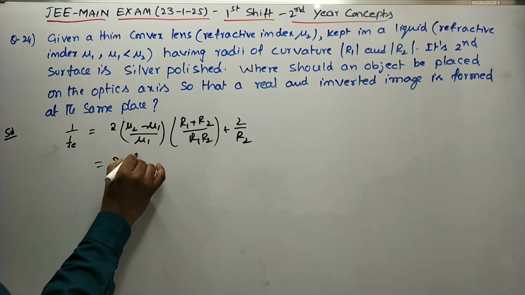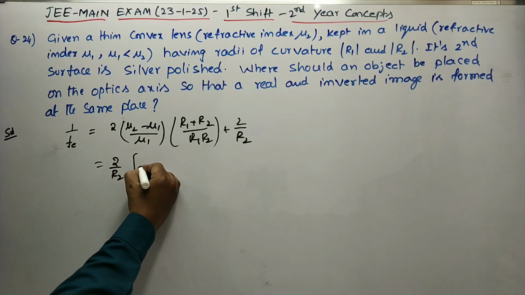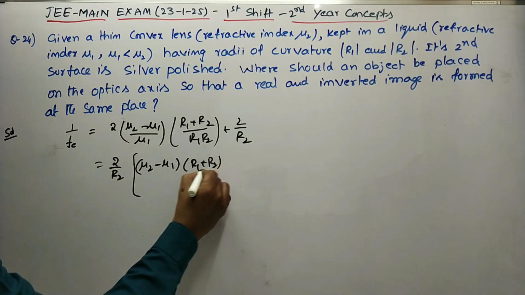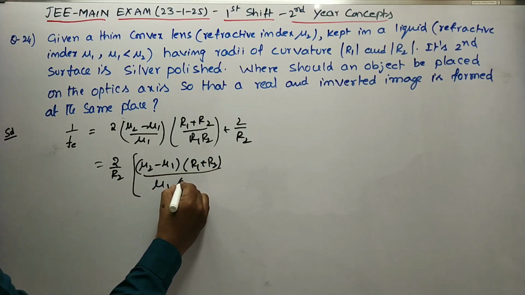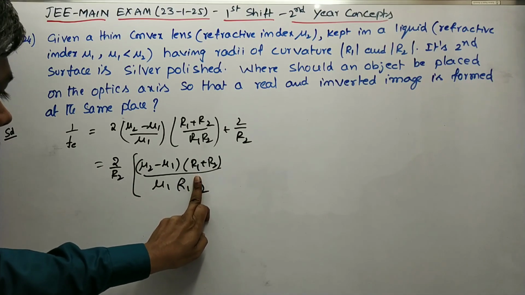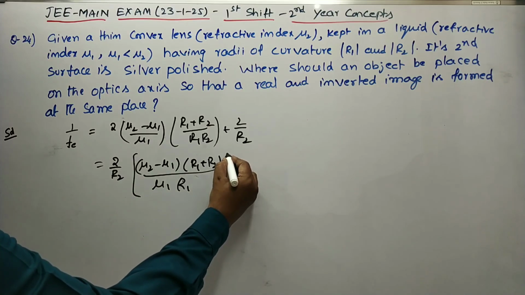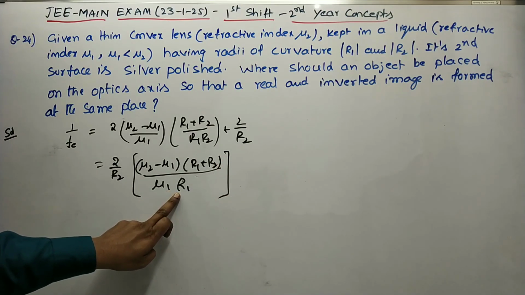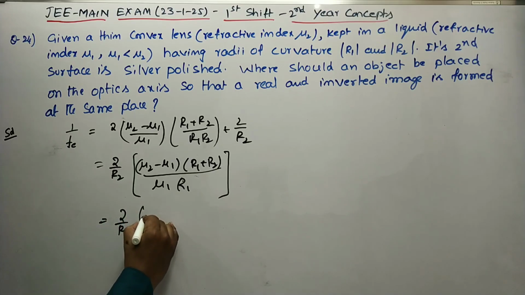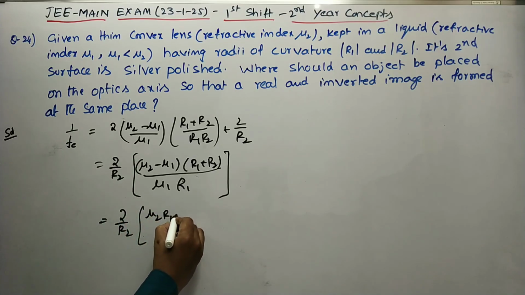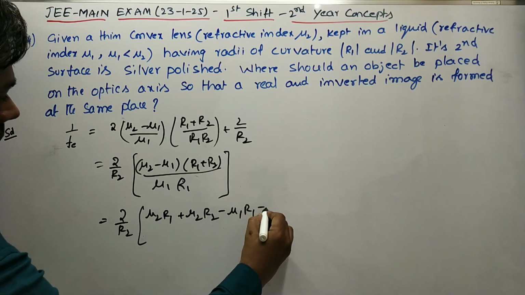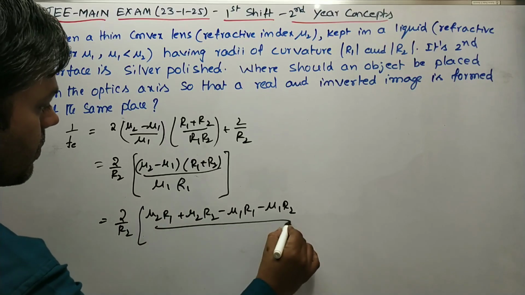So you can write (mu2 minus mu1) into (R1 plus R2) by mu1 R1 R2, and R2 is taken common, so mu1 into R1 remains.